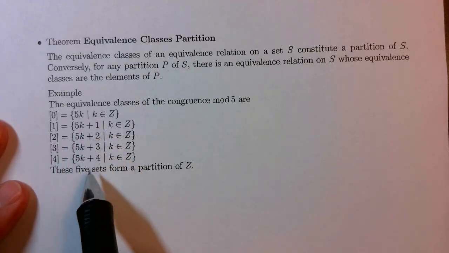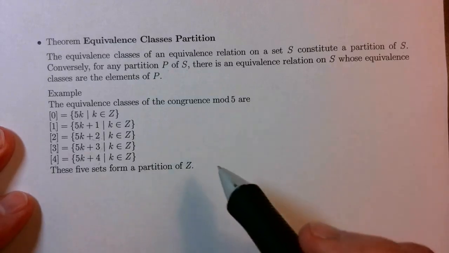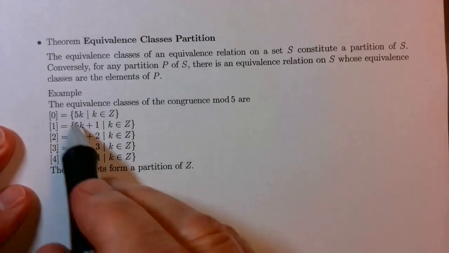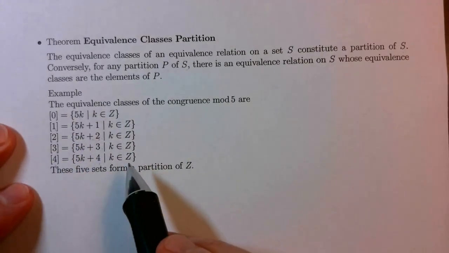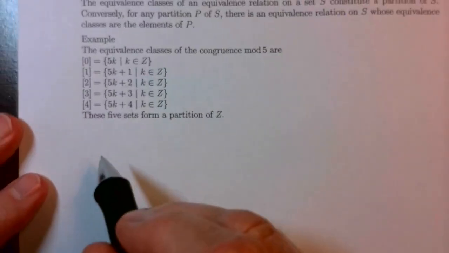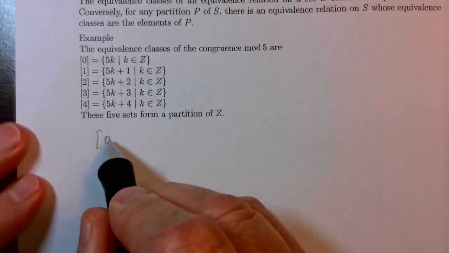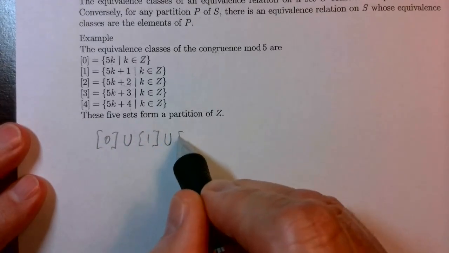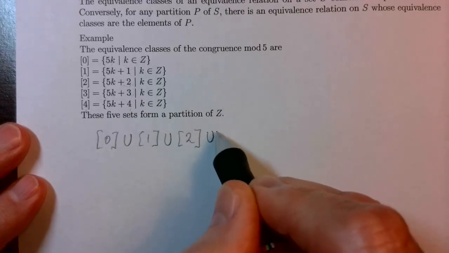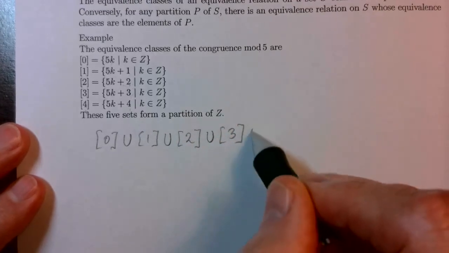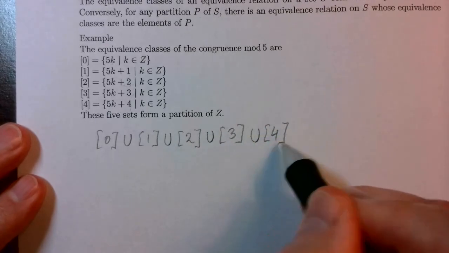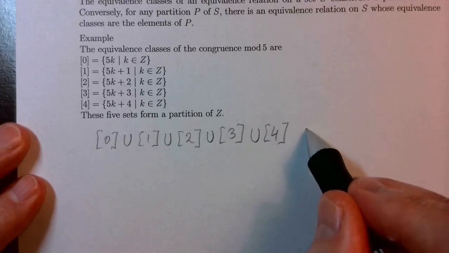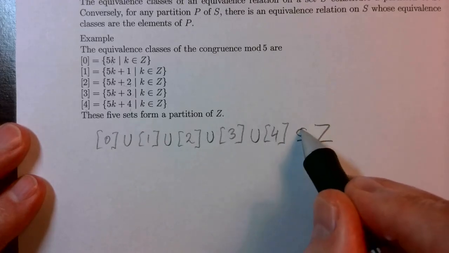Obviously, these are disjoint classes, disjoint subsets, and their union is the whole set Z. Obviously, the union is a subset of Z.